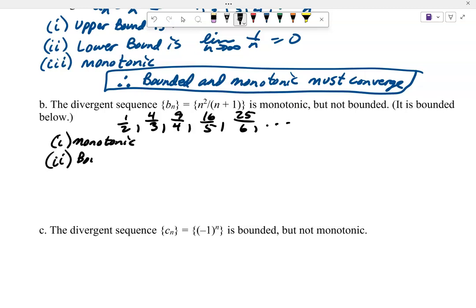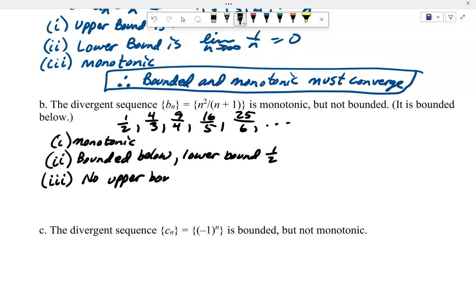So I'm bounded below by that lowest term, that 1/2. Is there an upper bound? No upper bound. As it just shoots to infinity, it just keeps getting bigger, bigger, bigger, right? So therefore it's divergent. It diverges.